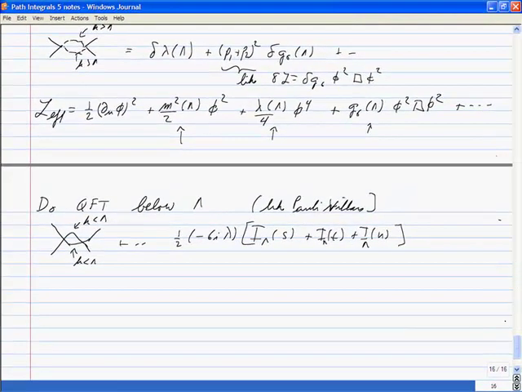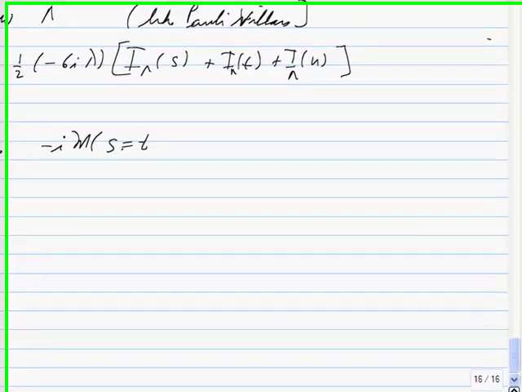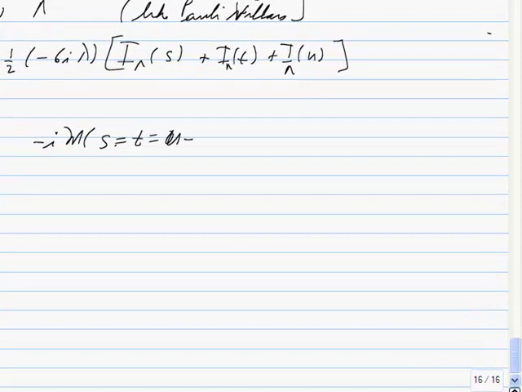And yeah, let me just do a little bit here. Then our physical amplitudes would be something like this. I define minus i M at s equals t equals u equals 0 as minus 6i lambda physical.